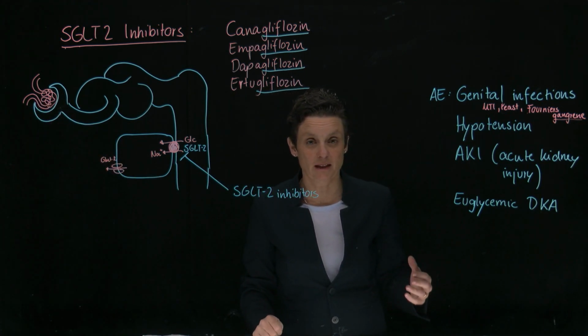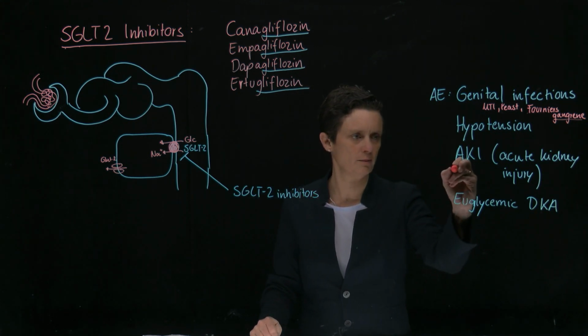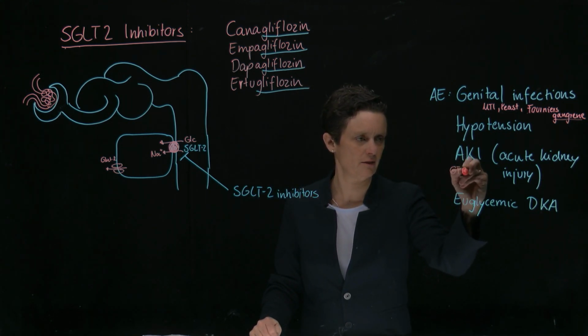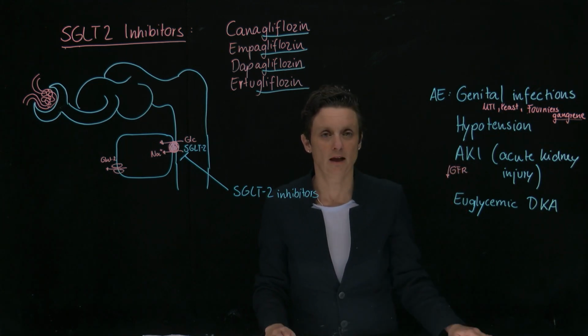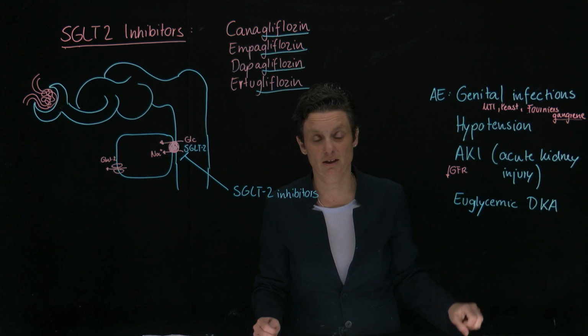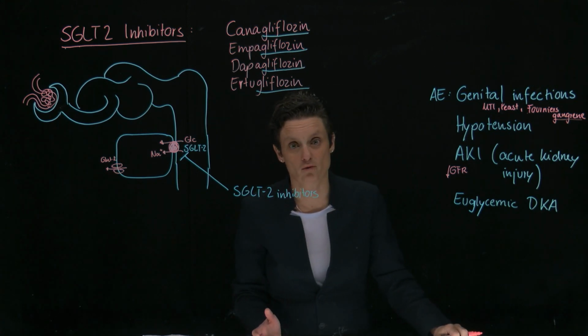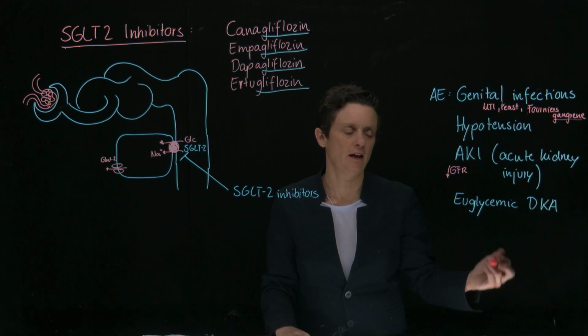And that obviously is good in the long run, but initially it's going to drop our glomerular filtration rate. GFR is going to drop, and that can potentially lead to an acute kidney injury if you just have very little GFR left.